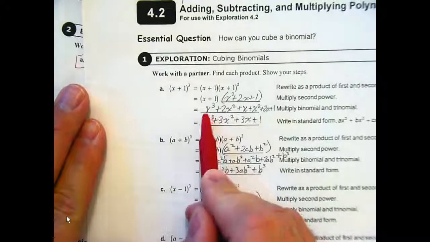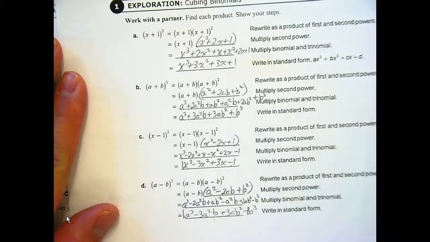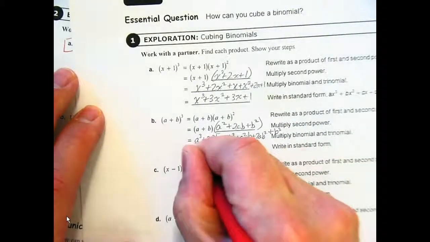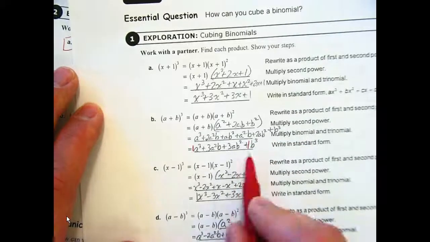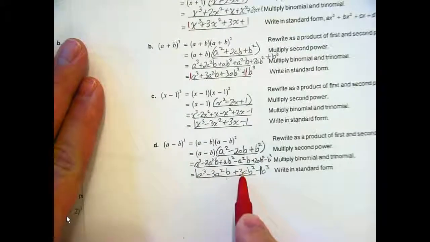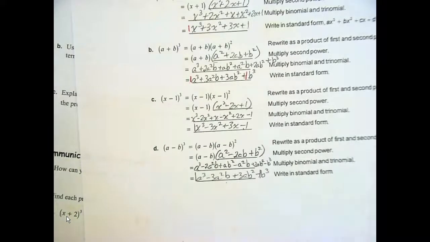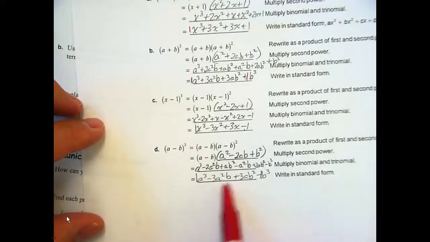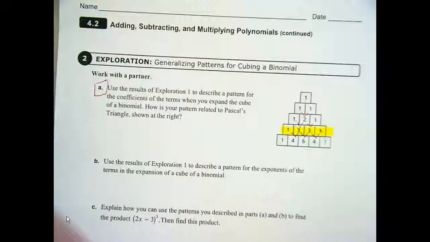We put our number out in front, 1, 3, 3, 1. Those numbers are our coefficients. Now, we're not dealing with positive or negative, so it's the absolute value of that, right? So we have to think in terms of absolute value of these numbers. Is the 4th row of Pascal's triangle.